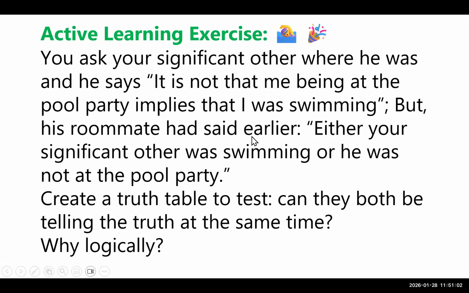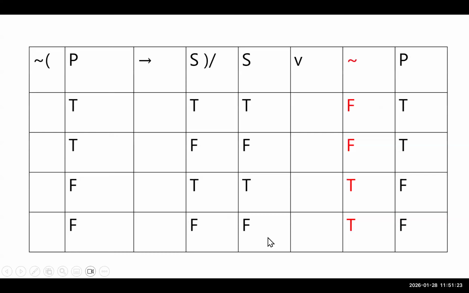So here's an exercise for you to do. You ask your significant other where he was, and he says, it's not that me being at the pool party implies that I was swimming, but his roommate had said earlier, either your significant other was swimming or he was not at the pool party. Create a truth table to test, can they both be telling the truth at the same time?